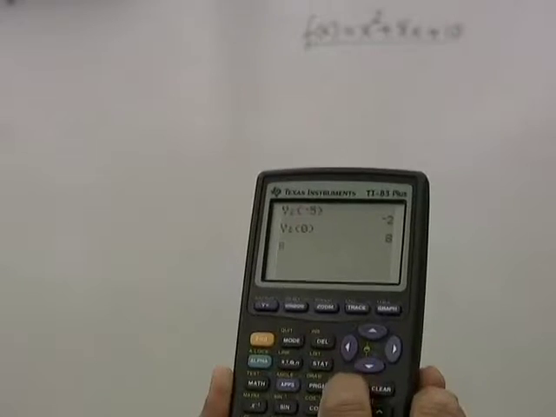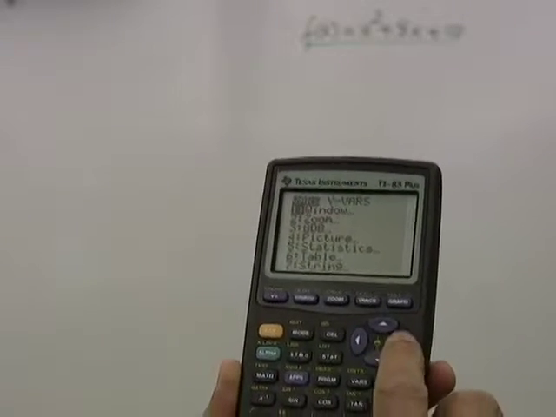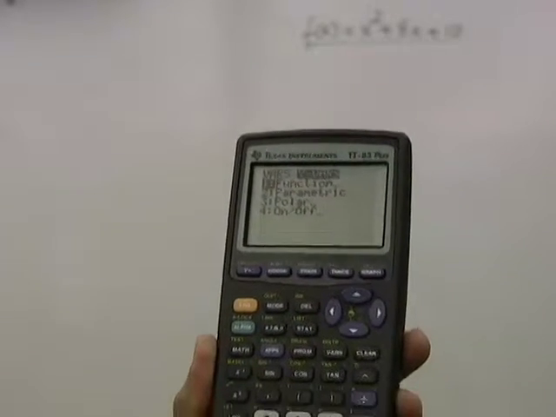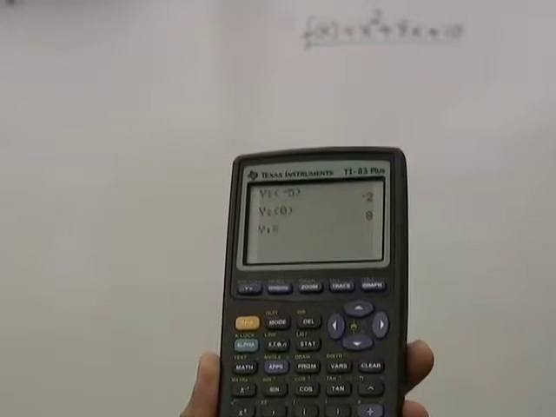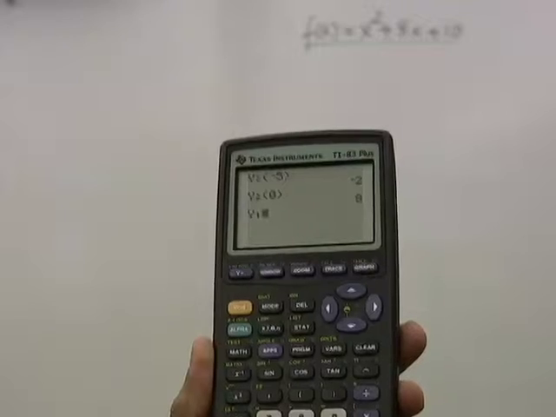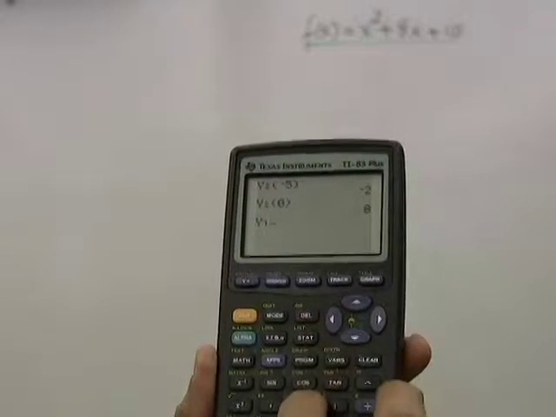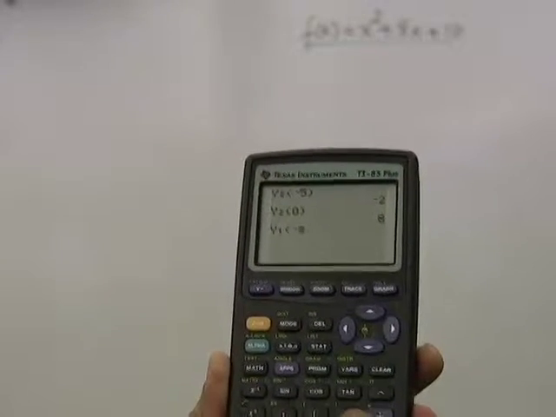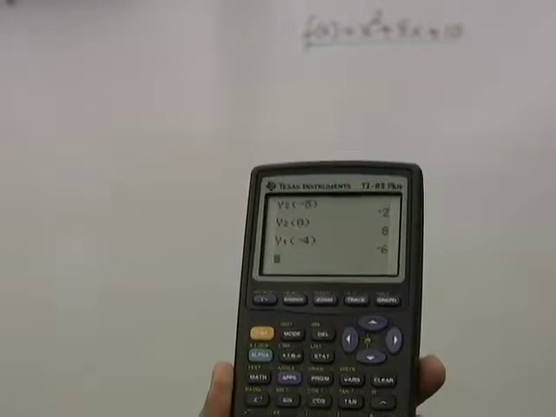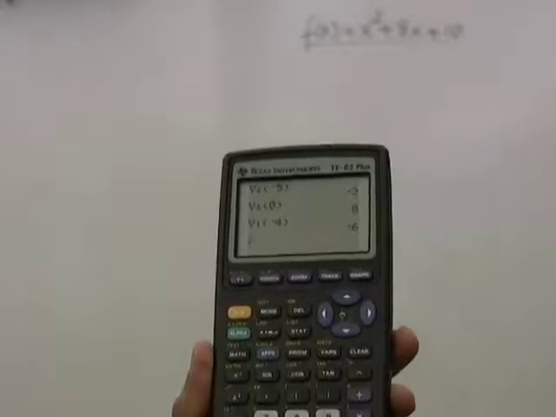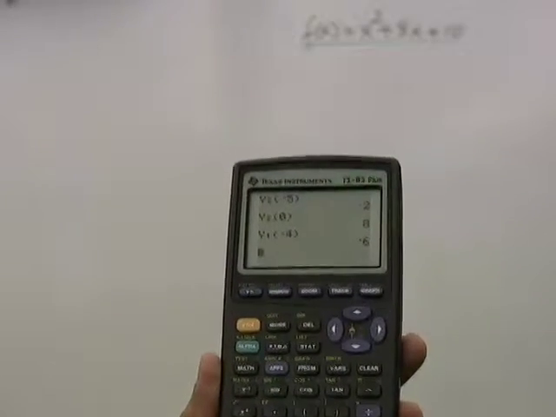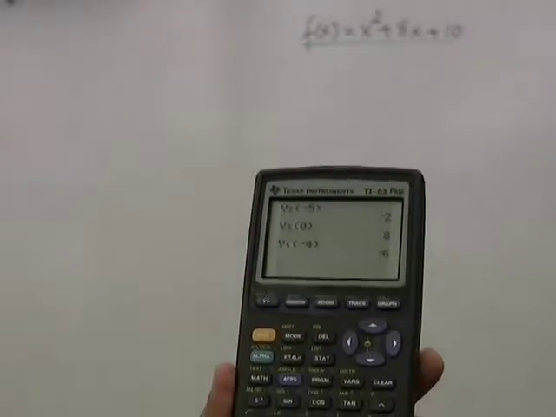So this time go to Y-VARS, function, and choose y1. Find the value of y1 at the critical number, which is -4. There you got it, -6. So once you know how to use a calculator, these kinds of problems become very simple for you.